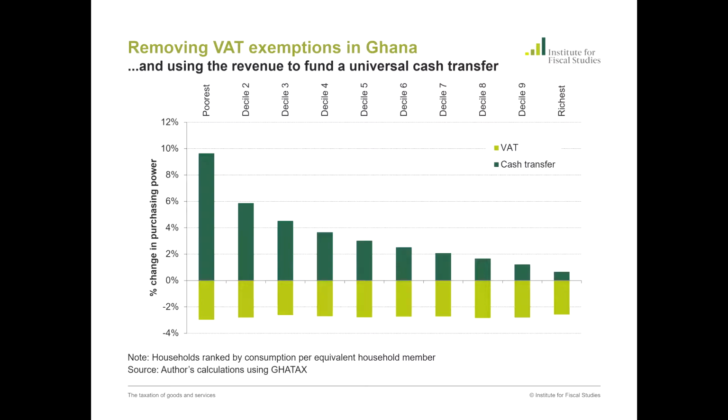The cash transfers easily outweigh the increase in VAT paid for the poorest households. Now, obviously, this is a big, ambitious policy that we've simulated, so it's not at all a policy prescription that this would be a good thing to do. But it does go to show how poorly targeted these preferential VAT rates are at the poorest households in Ghana, and this kind of result is widely found in the developed world as well.